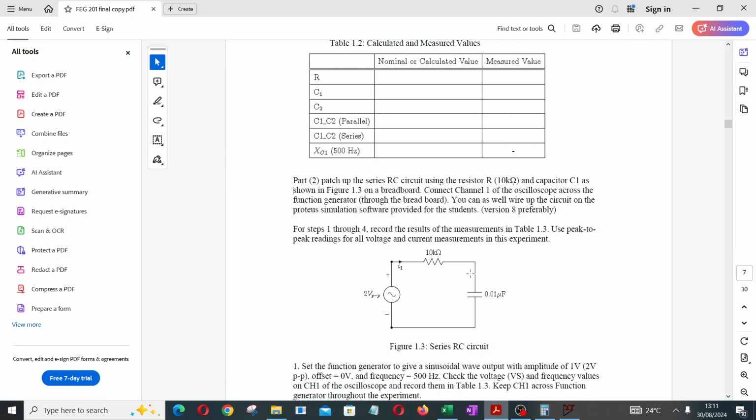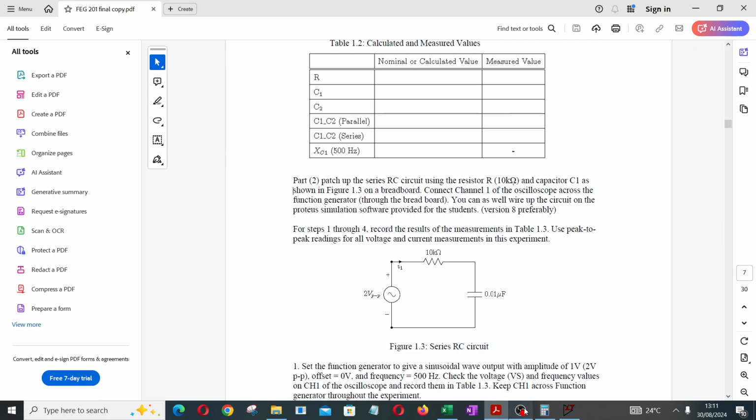So this is the circuit diagram as shown in figure 1.3. Here, the resistor value is set to be 10 kilo ohms. The capacitor is set to be 0.01 microfarad. The amplitude of the sinusoidal waveform is set as 2 volt peak to peak, and the frequency of 500 Hz, DC offset of 0 volt.